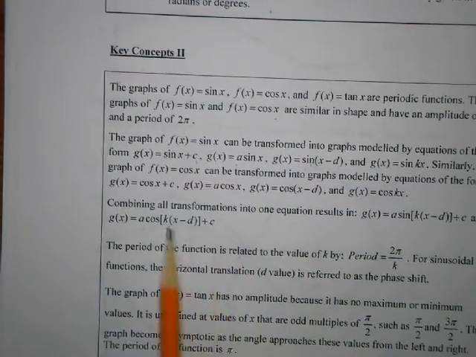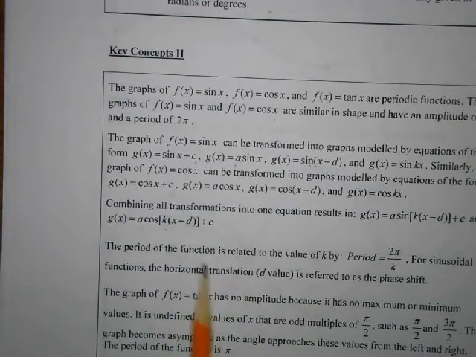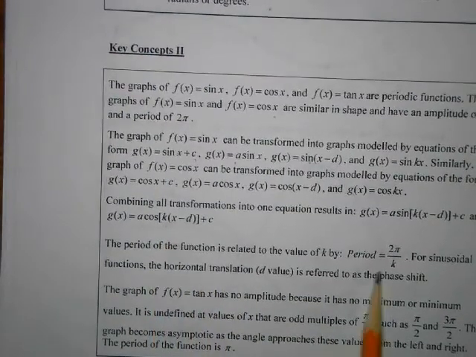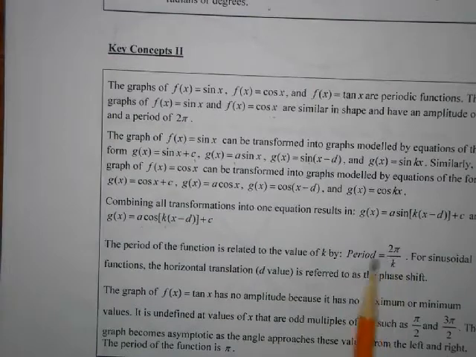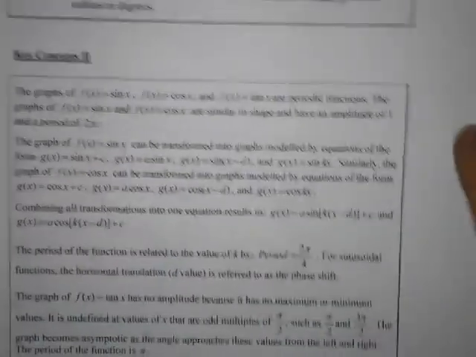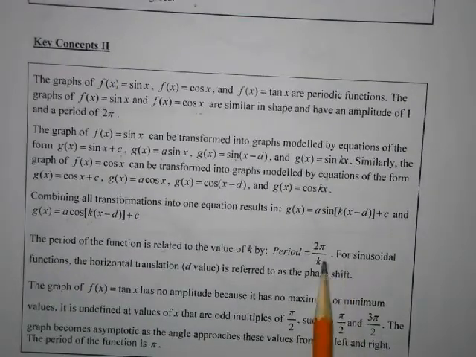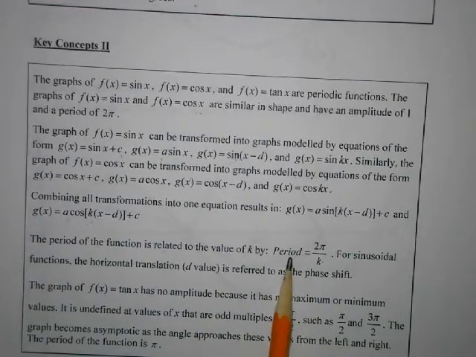So there's a direct relationship between the period and the k value. So here's the formula for that. The period is equal to 2 pi, which is the normal period for sine and cosine, but we just divide it by whatever the k value is. And you can actually go backwards too. If you happen to know what the period is, you can figure out the k value.